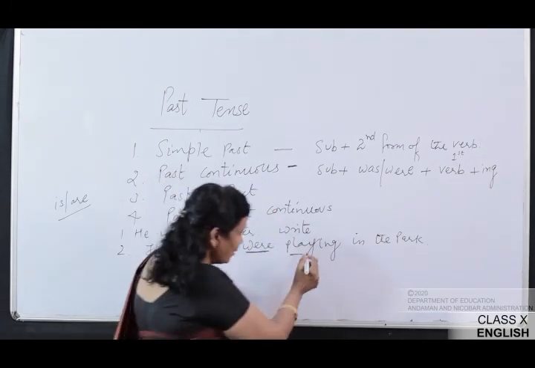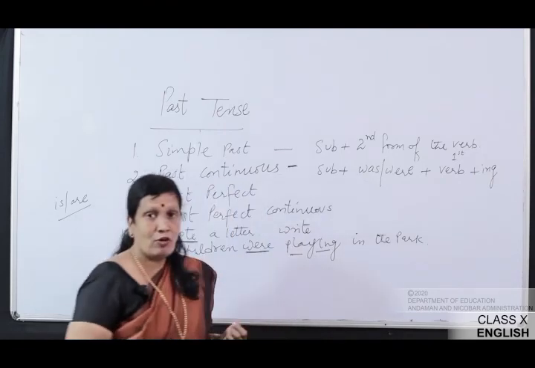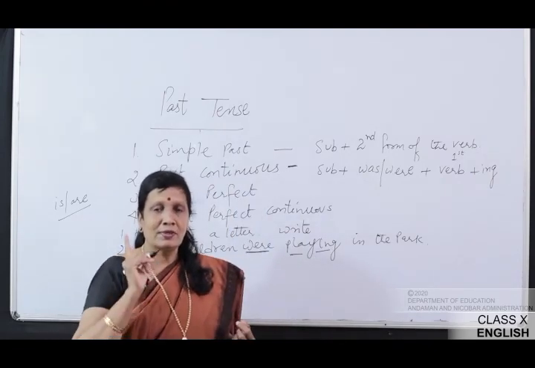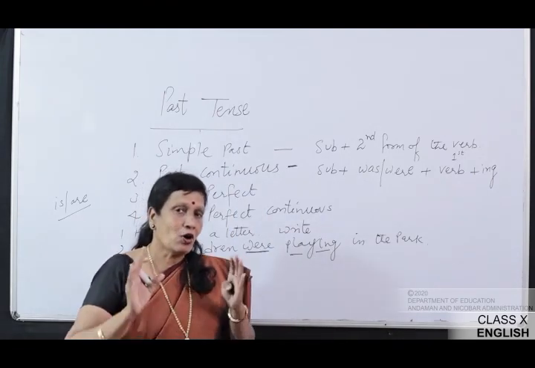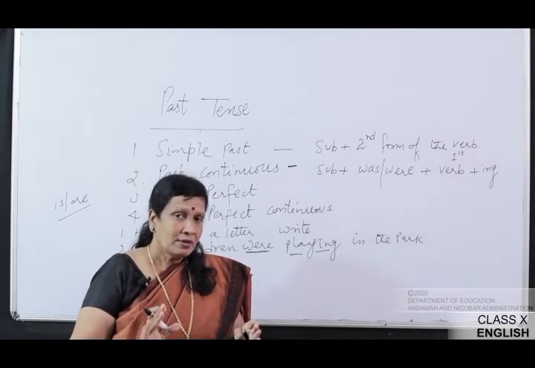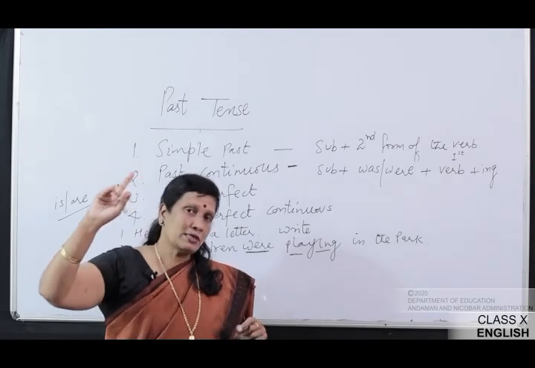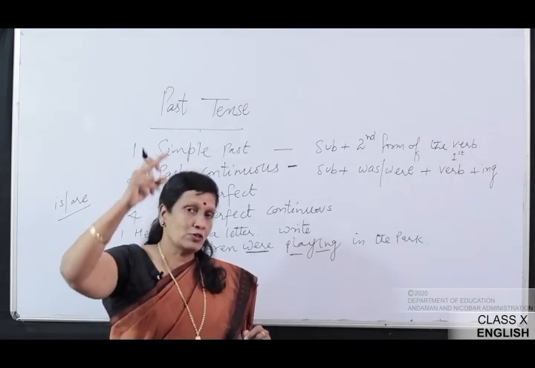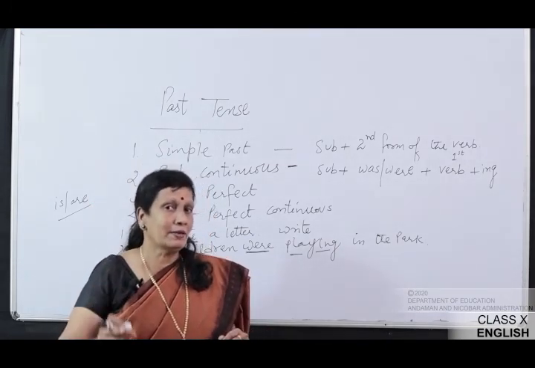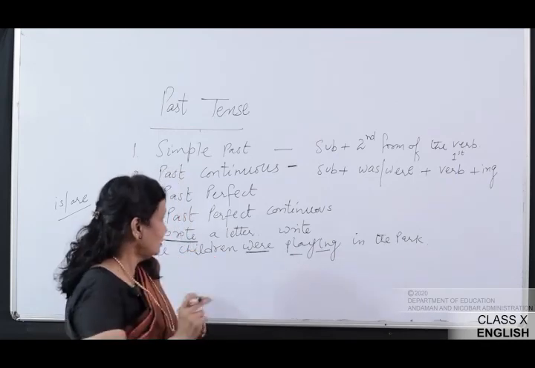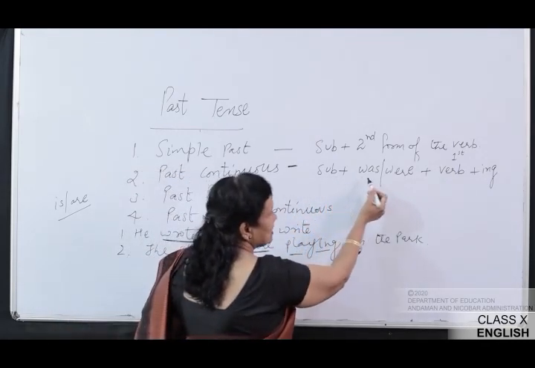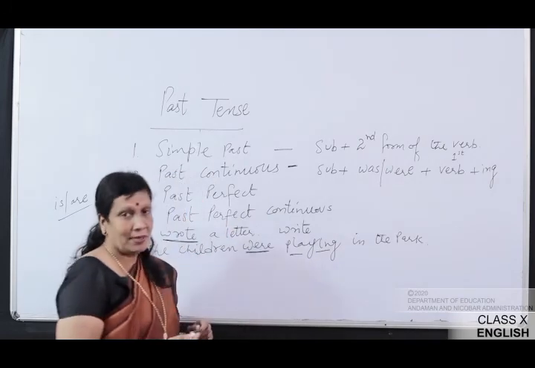Whenever you see the ing form, it means it is the continuous tense and it talks about some action, either going on, or continued for some time in the past, or going to continue for some time in the future. So I hope this is clear. Subject plus was or were plus verb plus ing.